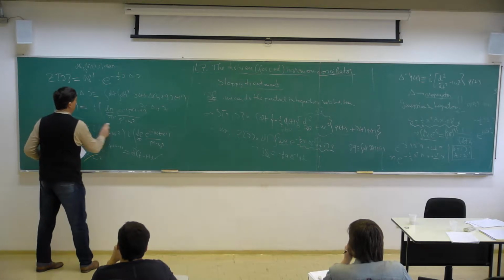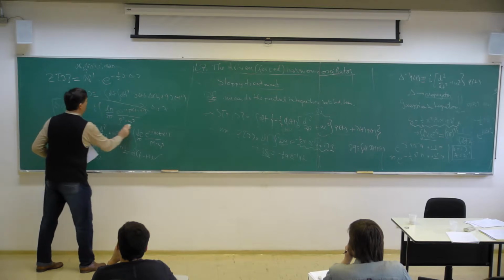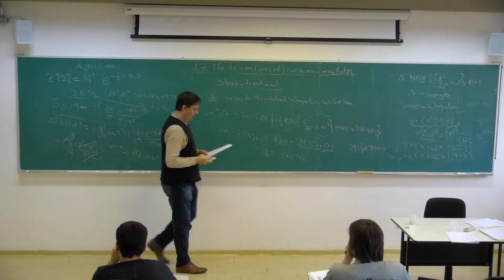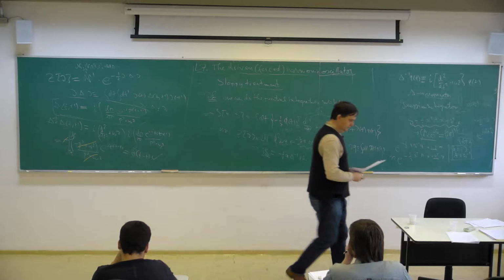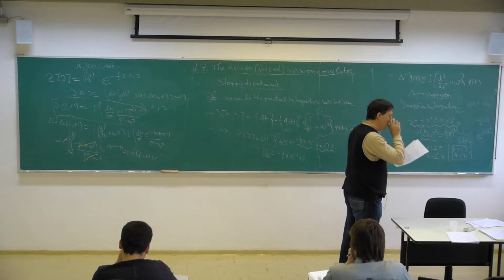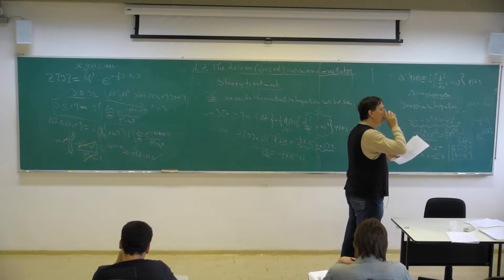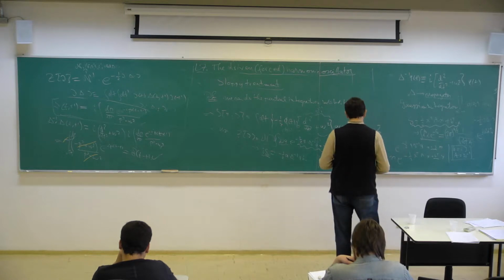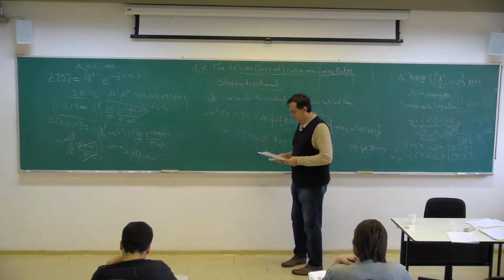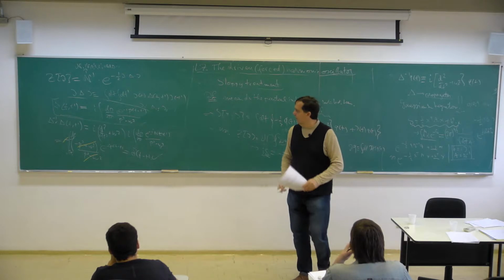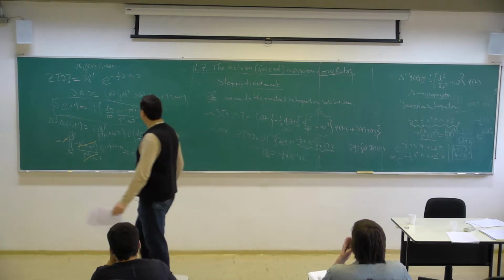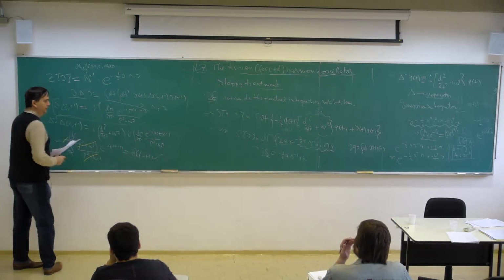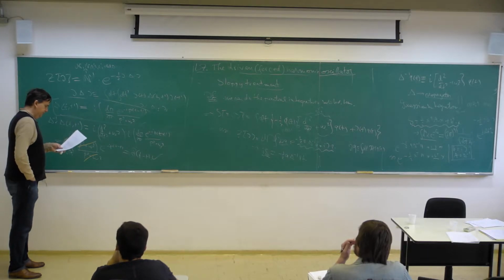So my delta of t minus t prime is this form, but now we must do some more things.